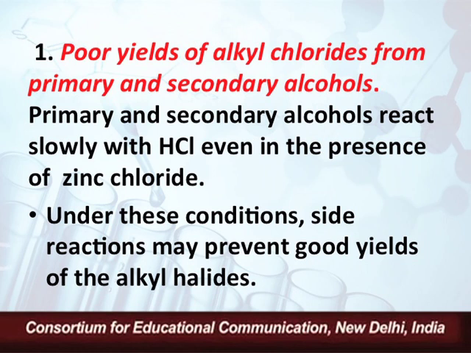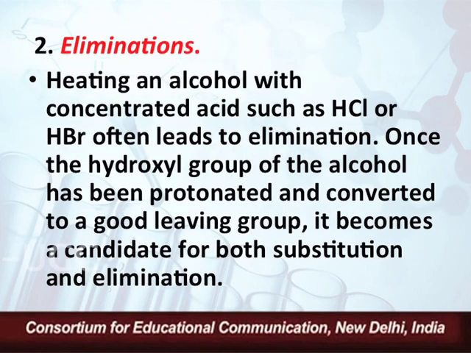Primary and secondary alcohols react slowly even with HCl in the presence of zinc chloride. So these reactions undergo side reactions, as a result of which the yield of alkyl chlorides is not very good. Second, these reactions may be accompanied by eliminations also.